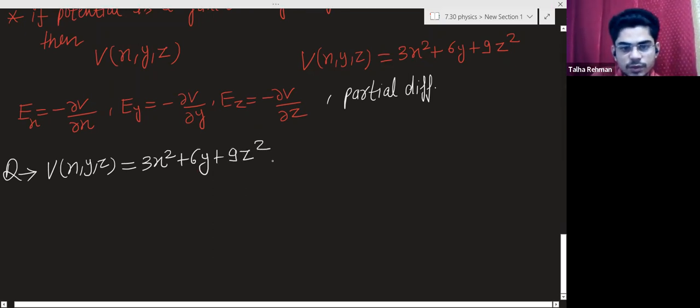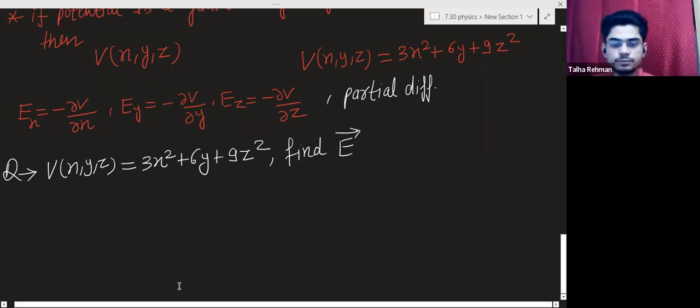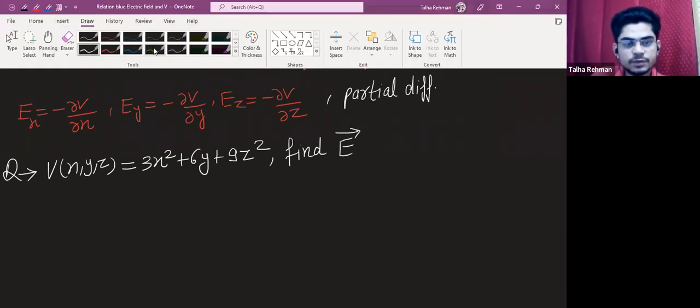And now if we find the electric field, we have to find the electric field.